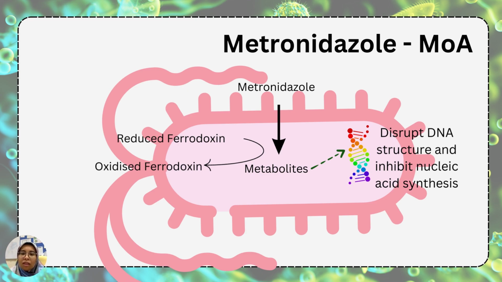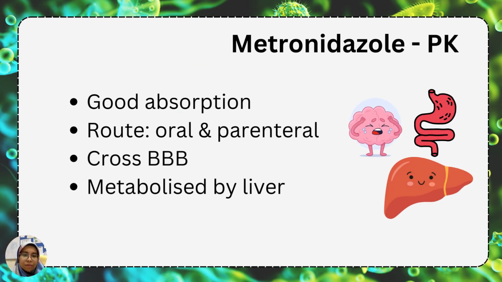So what do active metabolites do? So it goes and disrupts the DNA structure and leads to inhibition of nucleic acid synthesis. So basically there's no DNA lah produced, kan. So that would lead to, of course lah, the protozoa's death or the anaerobic bacteria's death.